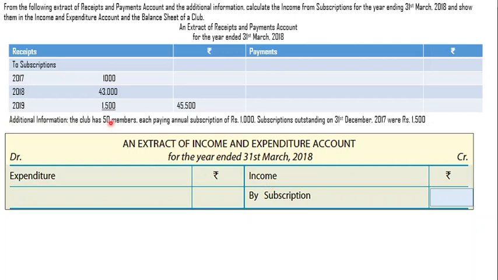Just multiply these two, because it clearly says 50 members each paying annual subscription of rupees 1000. So multiplying the two will give you the answer for income and expenditure account, because this is what a club is supposed to receive as a subscription for current year.